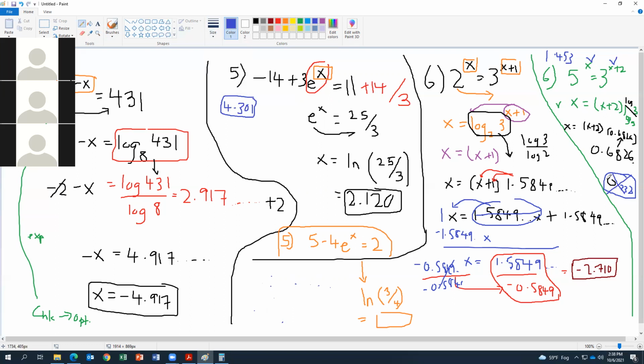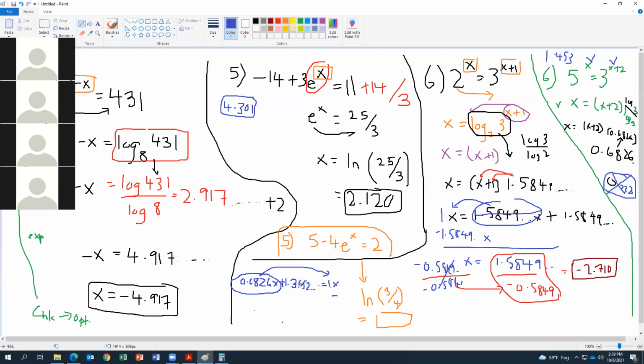So distribute the 0.6826, you get what? 0.6826x plus 2 times of it, 1.3 something, right? 1.3652. Yep. And don't forget that's x on the next x. And then we have to subtract this.